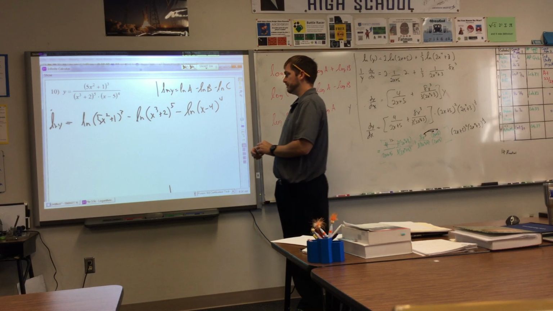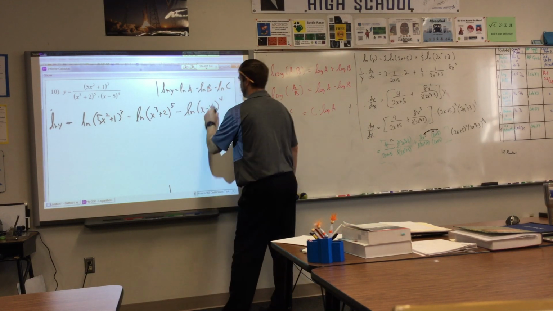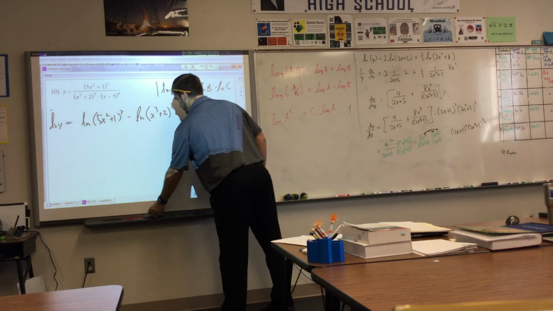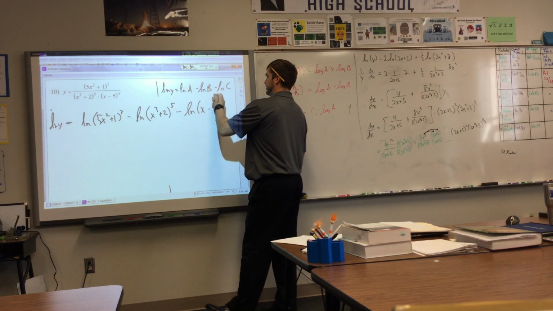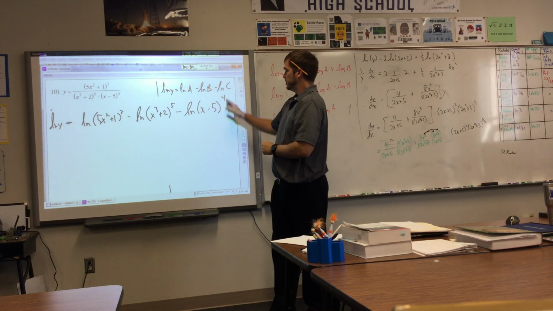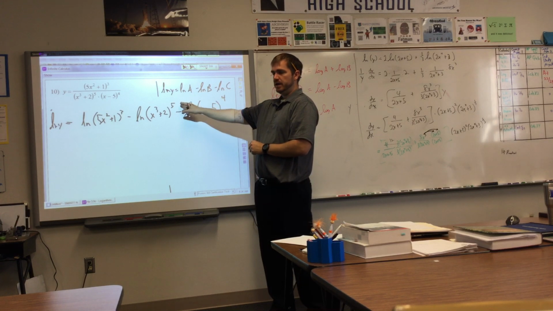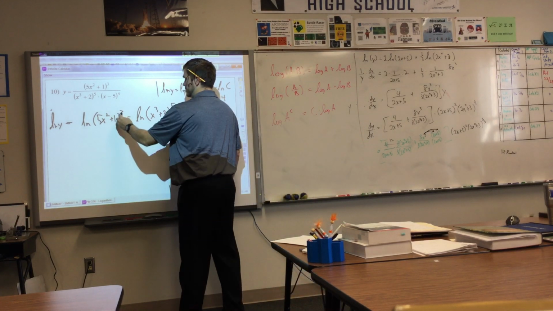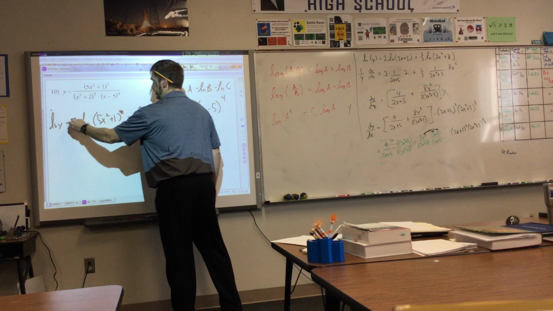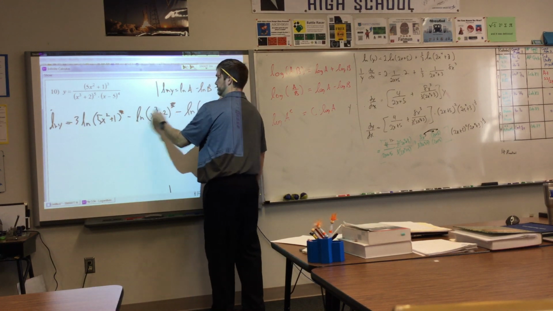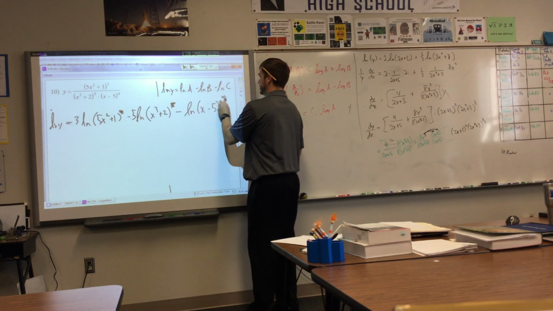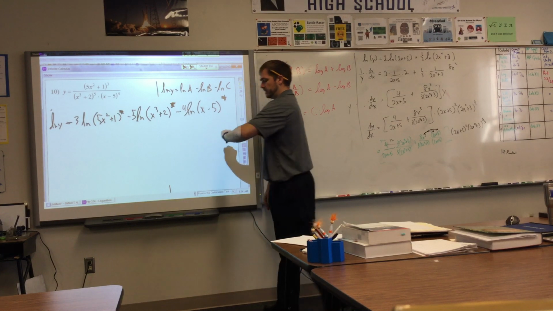Okay. Now I can apply the power rule. So I'm just going to scratch out the 3, put it there. Scratch out the 5, put it there. Scratch out the 4, put it there.